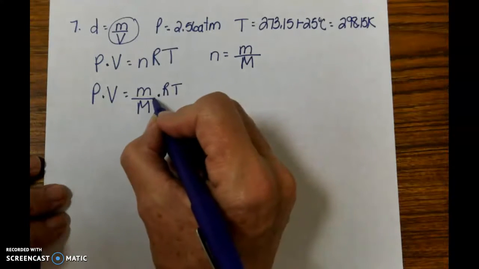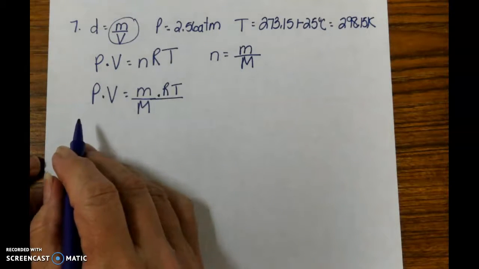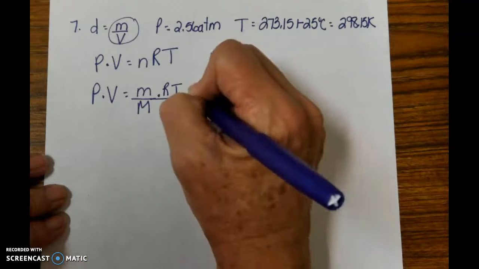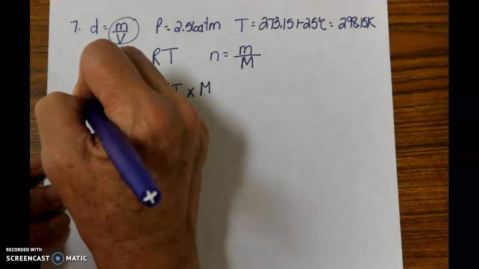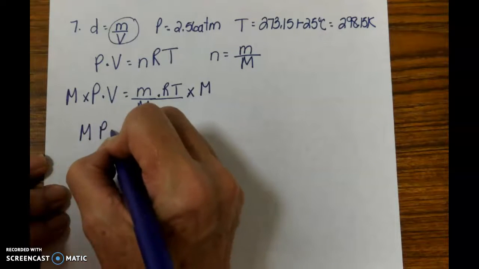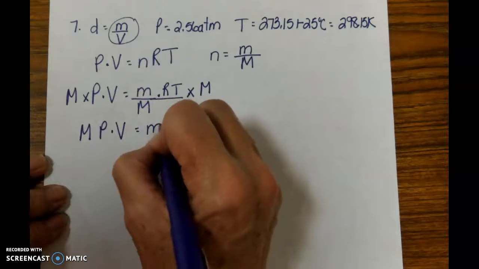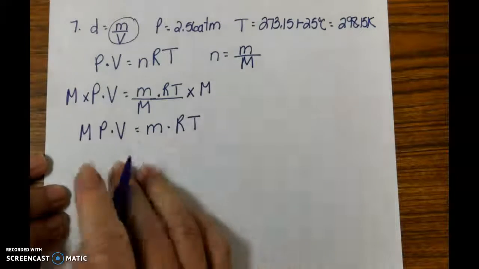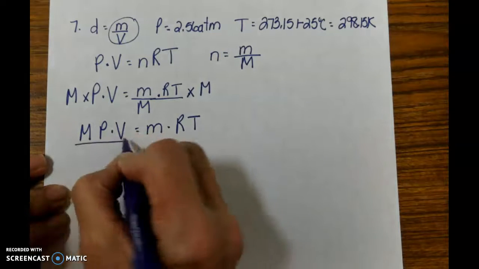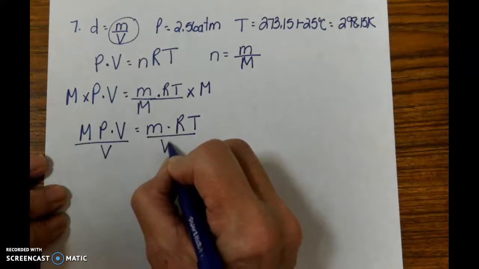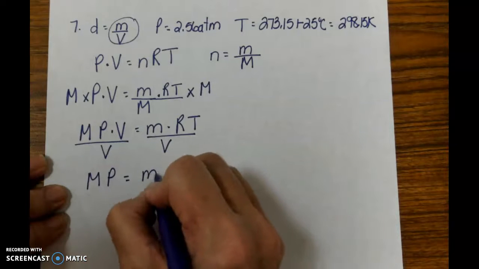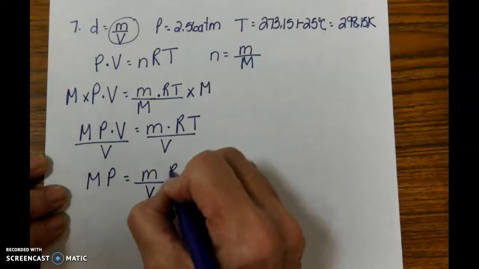So the rest is a bunch of algebra. The first thing I'm going to do is get M over here, so I'm going to multiply both sides by M. That gives me M times P times V is equal to little m times R times T. Now I want to get V over here, so I'm going to divide both sides by V. And that gives me M times P is equal to little m divided by V times RT.